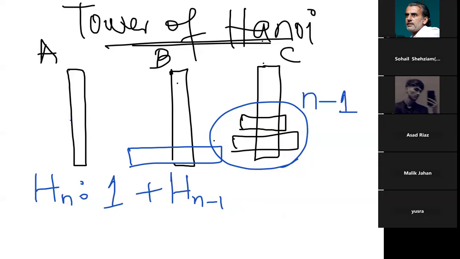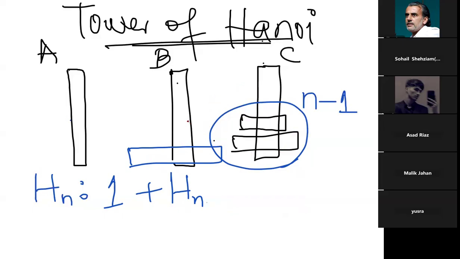Now, our final task is that we eventually want to move these remaining disks to tower B so that they are on top of the largest disk. And for that purpose, this time we'll be using tower A as an intermediate tower because we can't move both of the disks together and we can't place a larger disk on top of a smaller disk.